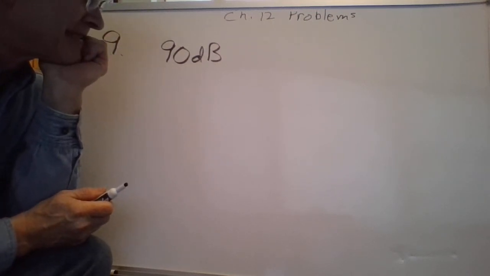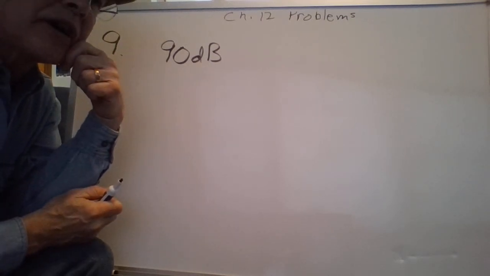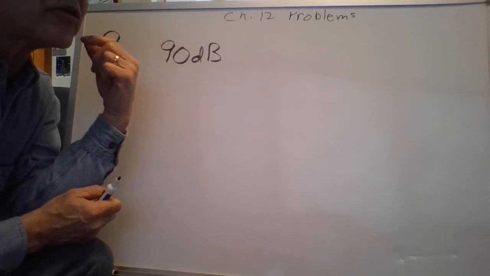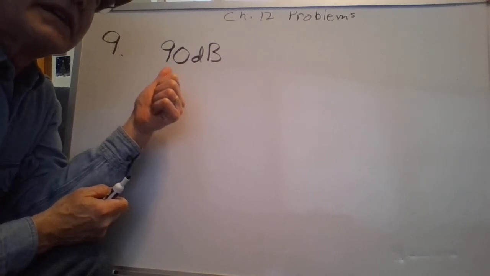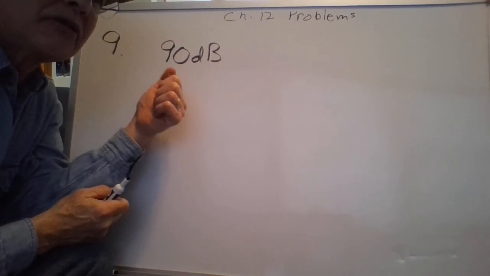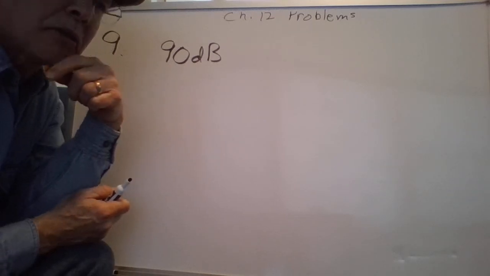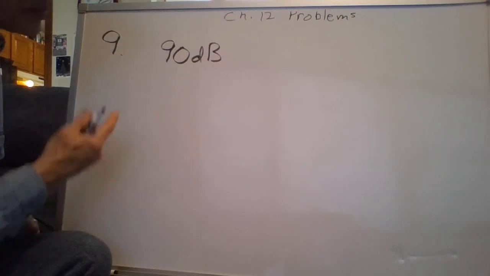But a basketball game, while the game is going on, maybe 90 decibels. The band performing, church worship. We try to run 85 to 90 decibels around that if the band's playing, cranking pretty good. So that's a pretty loud sound.